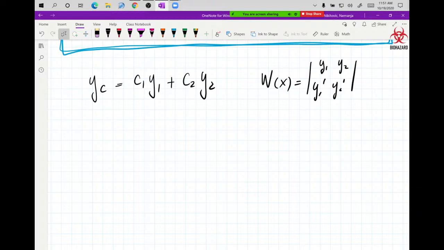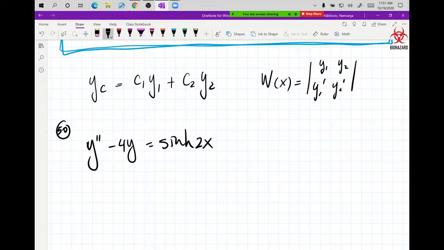I don't want to discriminate against hyperbolics. So let's go with this one: y double prime minus 4y equals sine hyperbolic of 2x. There we go. So this is your problem 50. We haven't had hyperbolic functions yet. It's not nice, right?